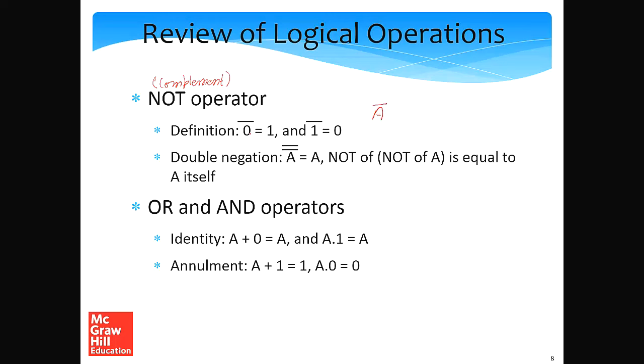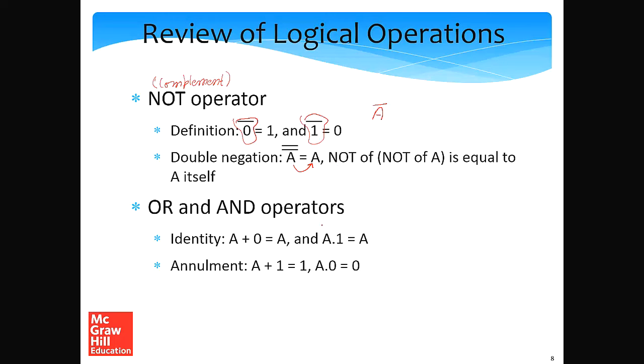If its value is 0, after a NOT it becomes 1, and NOT of 1 becomes 0. One property of the NOT operator is that with a double negation, a NOT of a NOT essentially reduces to the same variable. So NOT NOT A is equal to A itself.